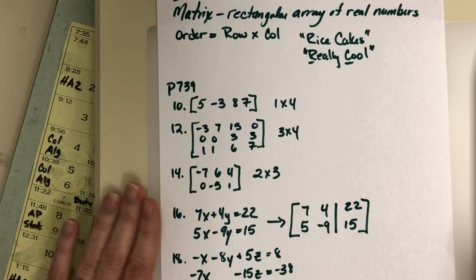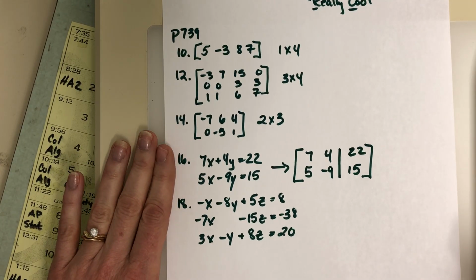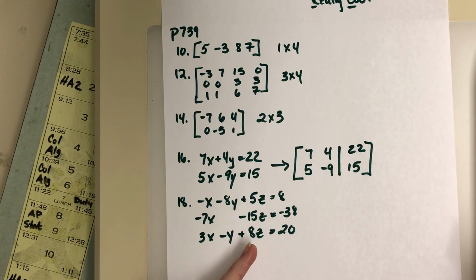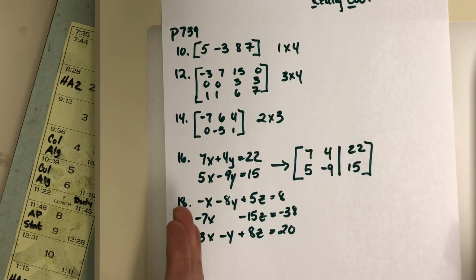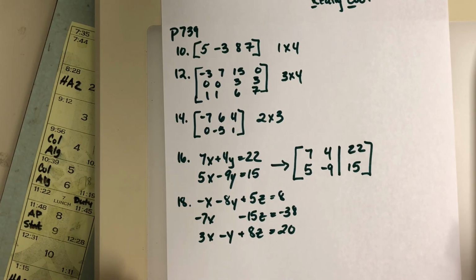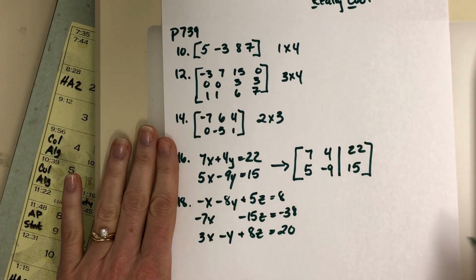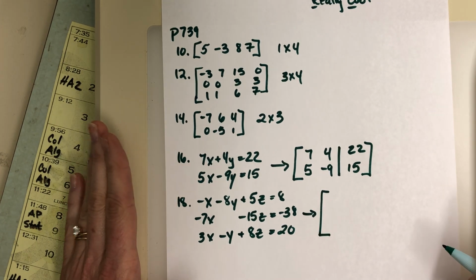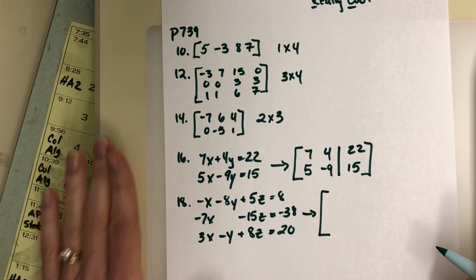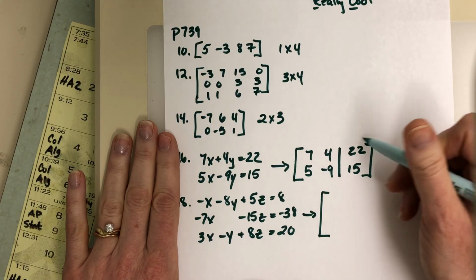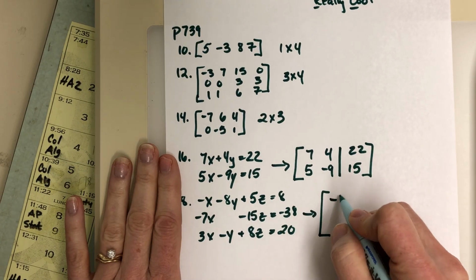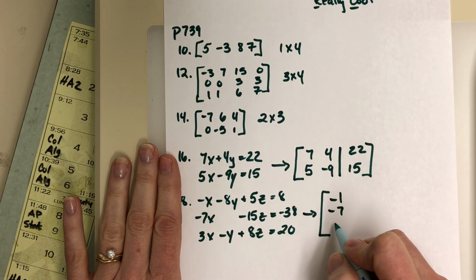Very exciting. All right, take a look at number 18, a little bit more exciting. You've got 3 different variables, x, y, and z. Notice that the x's, the y's, and the z's are lined up. In your homework tonight, you won't have them lined up as neatly. So let's make ourselves an augmented matrix. Remember, the word augment means to add to. So these are augmented because they have an equal sign on the end. My coefficients for my x's would be -1, -7, and 3.